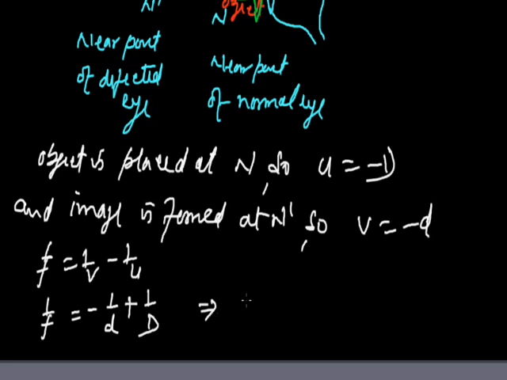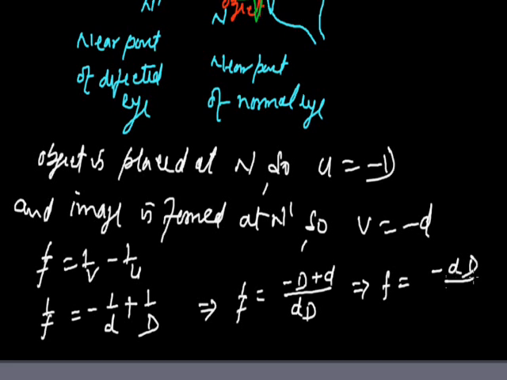It implies that 1 upon f is (small d minus capital D) upon (small d into capital D), or f will be small d into capital D upon small d minus capital D. Here f will be positive, means the nature of the lens is converging, or the lens is convex.